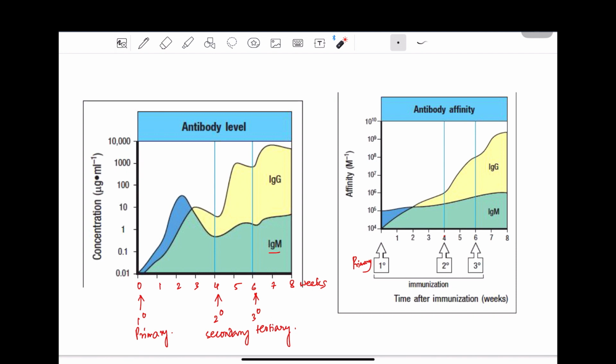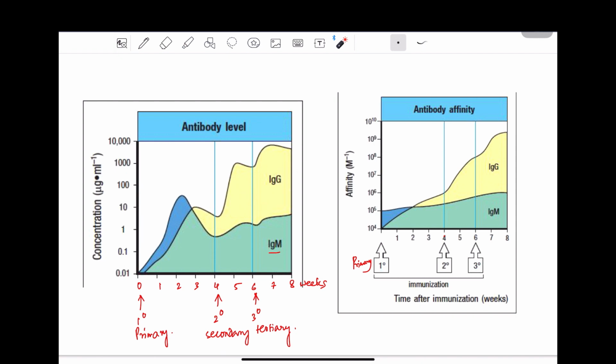There is a third booster of this antigen, and the IgG level increases more, right? The IgG level keeps on increasing after the consequent boosters. This is why when we take a vaccine, we take booster shots, right? We don't take just one shot of the vaccine. We take several shots so that the antibody level in our body can increase to a level where it can easily clear off the antigen if we get infected naturally, right?